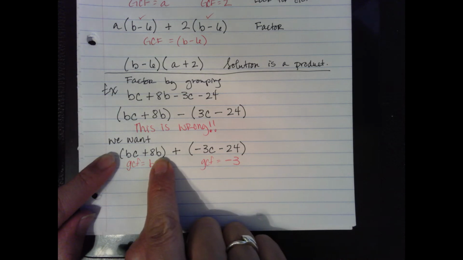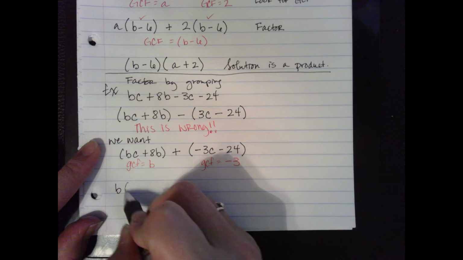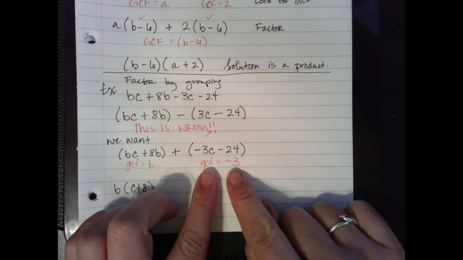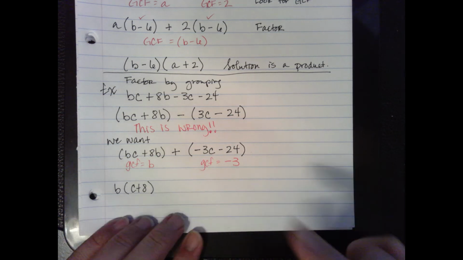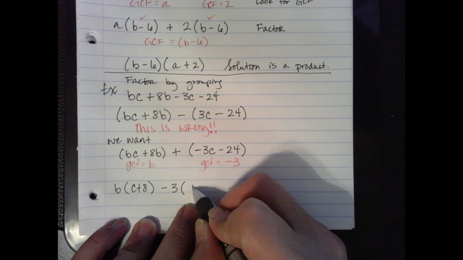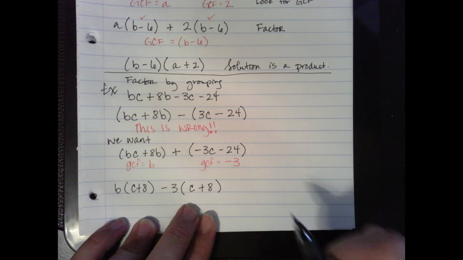If I pull B out of this term, I have B times C plus 8. Here I'm going to pull out a minus 3, so I can write minus 3 times C plus 8.